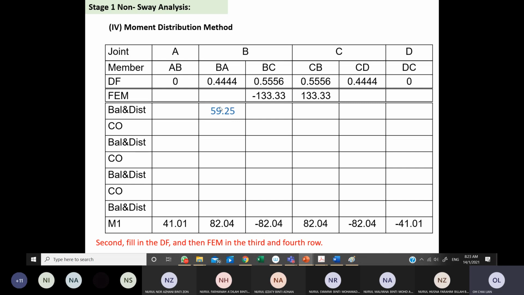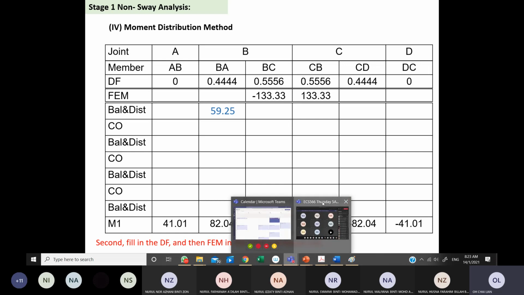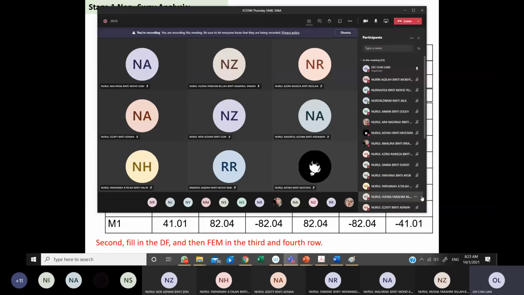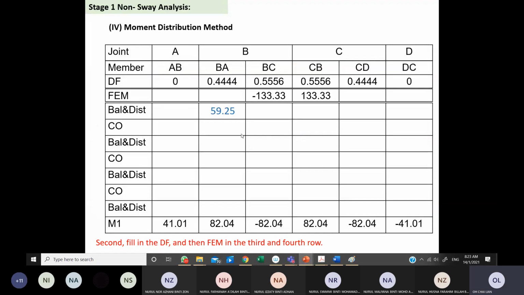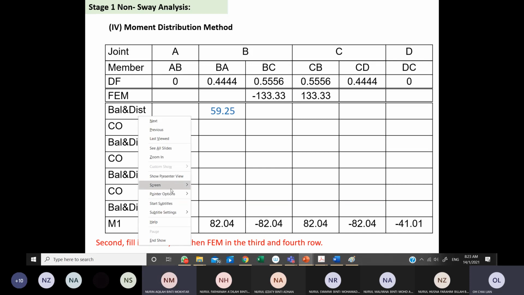So maybe we're going to look at a revision of how to get the 59.24. Okay, maybe we can call helpers to explain this. How about Nurin, Akila? Are you here? Yes, madam. Can you explain 59.25, how we get this value at the balance and distribute step?